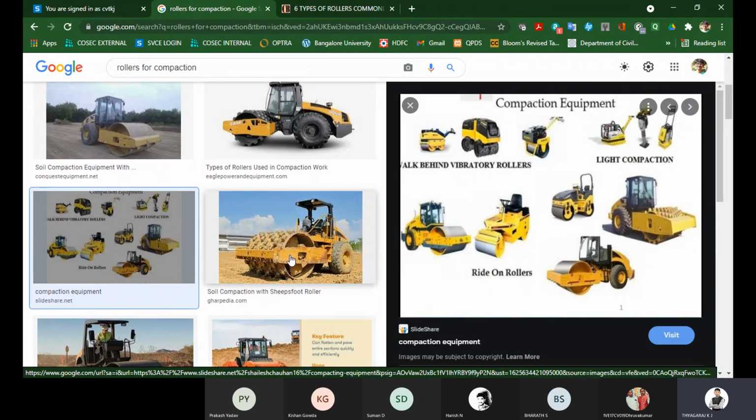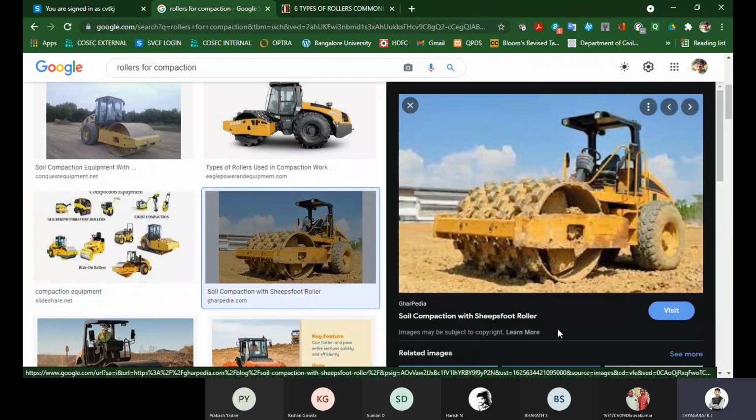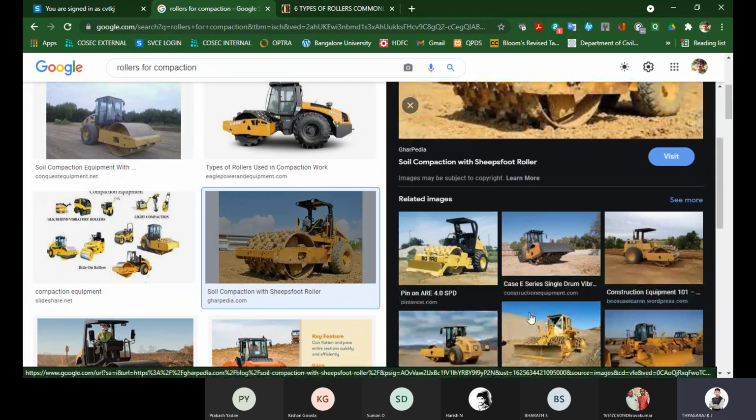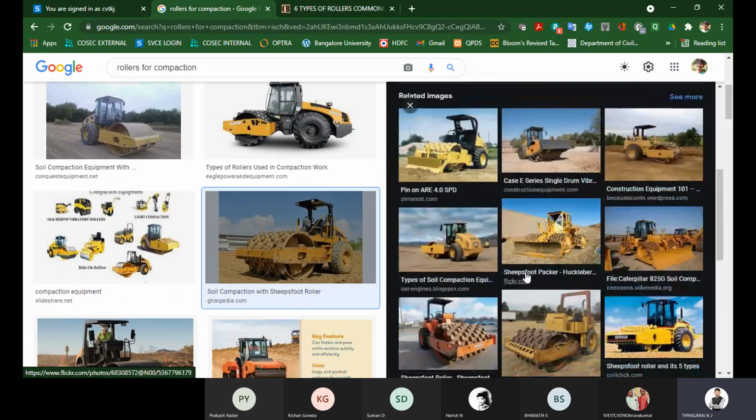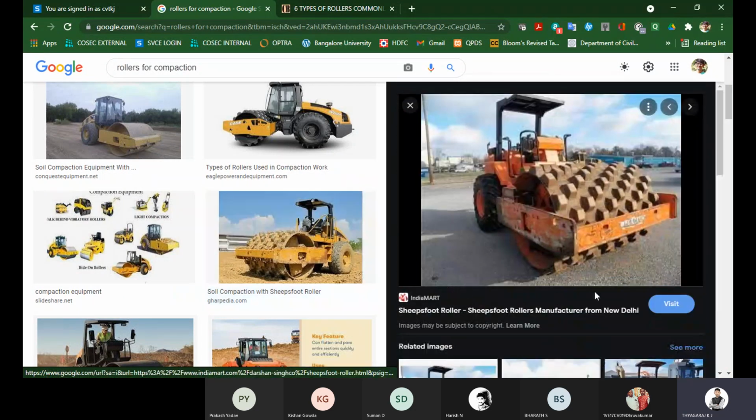You can observe this is the sheep foot roller, which is used for compacting clay soils. There is a projection which provides a kneading action for the clay soil.